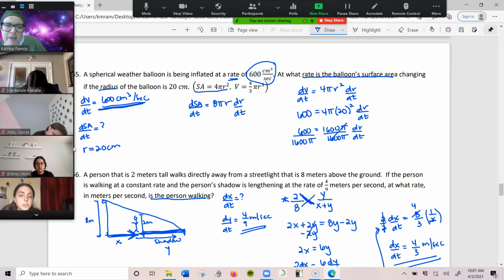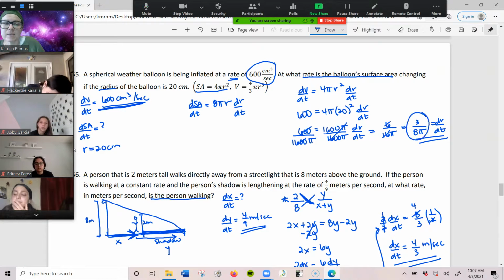So I can get rid of these two zeros. So we have 6 over 16 pi. And then I can divide both of these numbers by 2. So this is 3 over 8 pi. So that's dr dt. Is that part okay?